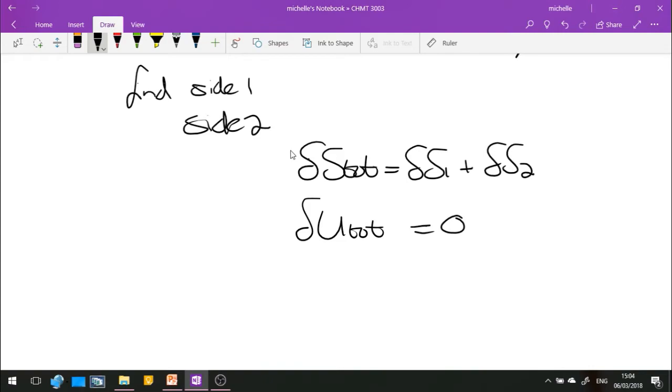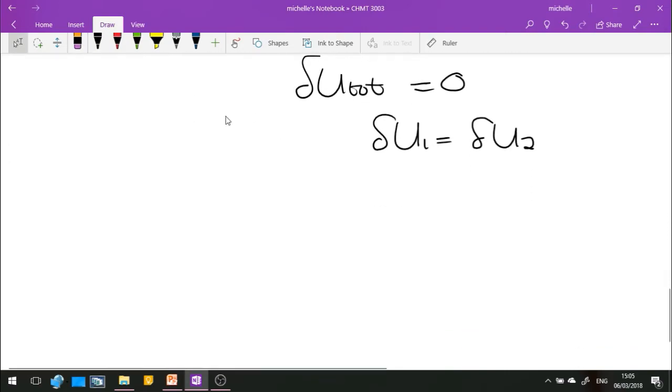If you look at the whole box, if you had 100 in state 1 and then transferred energy to side 2, at state 2 your total energy was still 100. Therefore, even though side 1 and side 2 saw energy transfer, overall there is no change in your U total. Okay, so that's why we managed to get that dU1 equals minus dU2, and from there we derive this equation.